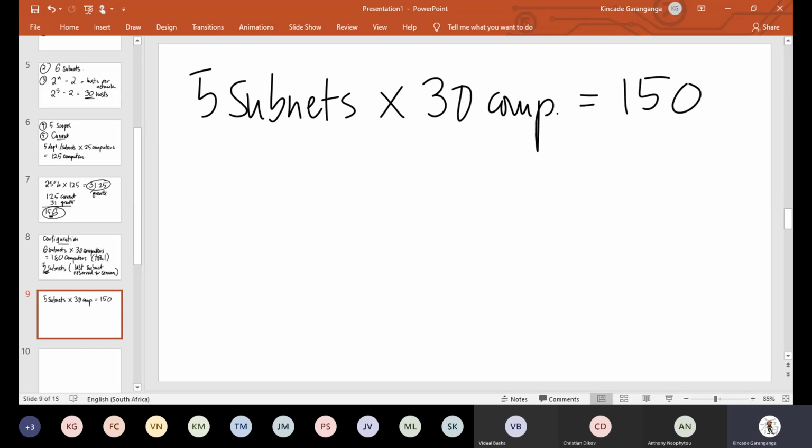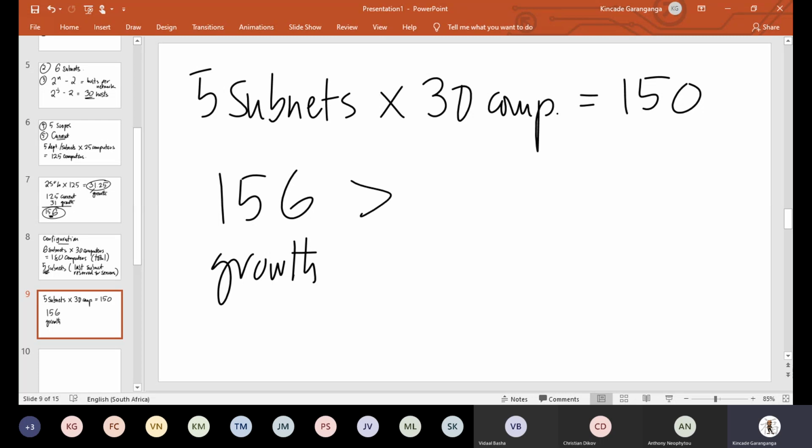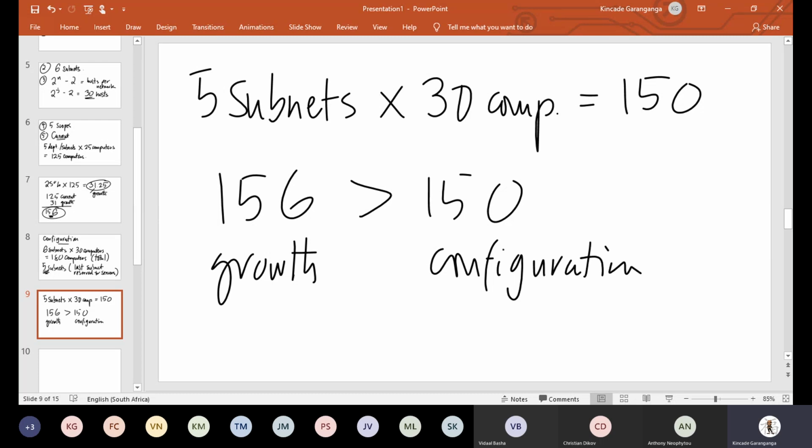So with what we've projected and configured, and what we're looking at as far as the growth is concerned, we've got 156, which is ultimately the growth we're expecting, which is going to be larger than the 150 that we've configured. So ultimately the answer for that question would be no. Why? Because we are looking at getting 156, but we can only accommodate for 150.